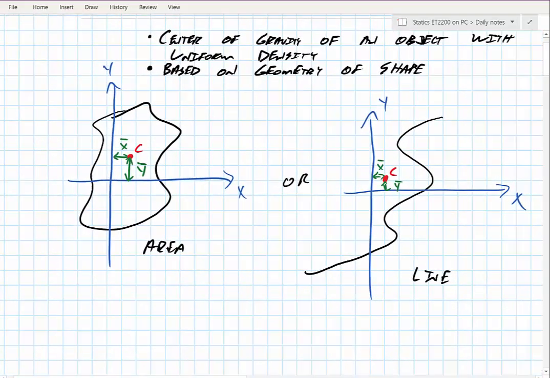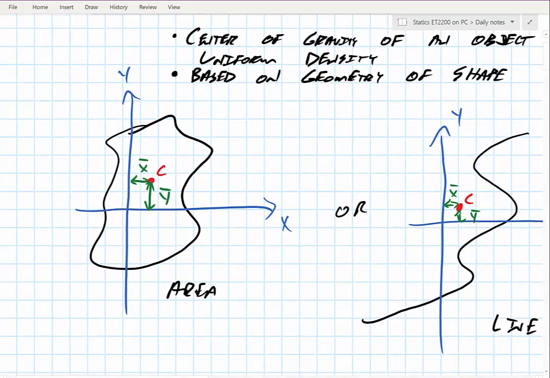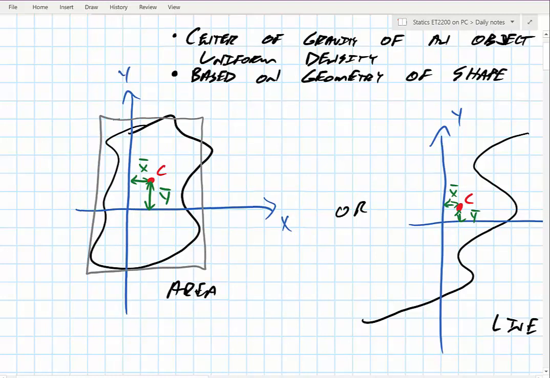Now if I want to define the centroid of that shape in general, what I could do is imagine that the whole thing's like a square or rectangle, and if we did it like that, then I know that it's right in the center of that square. Of course, that isn't exactly accurate. So as an alternative, what I could do is make it into like 4 different squares or rectangles.